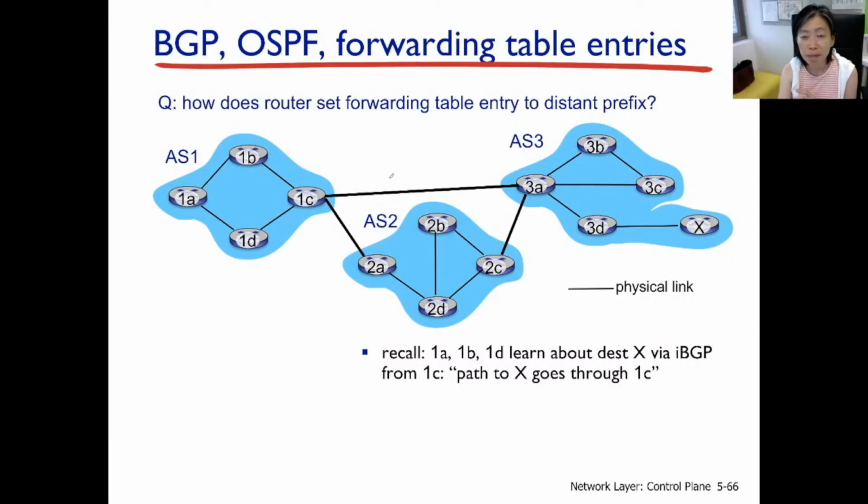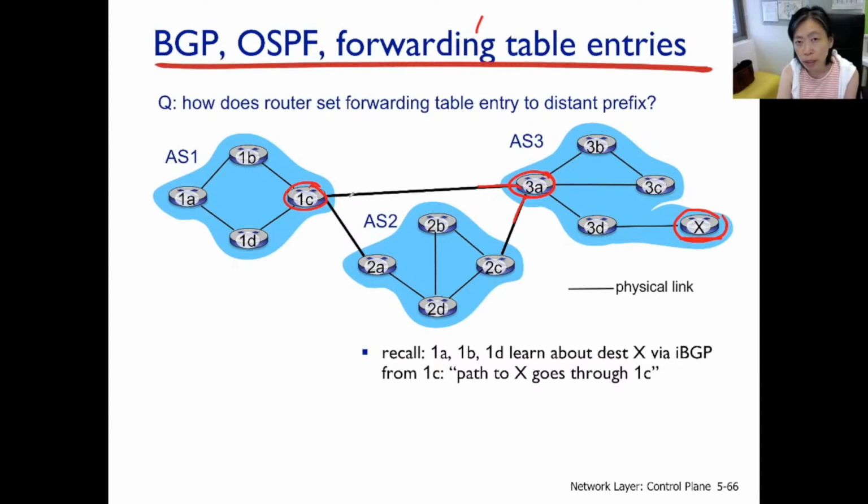Let me borrow example 2 here and continue. How does a router set up a forwarding table entry for a destination outside of the AS? The scenario is the same, with destination being X. 3A, the gateway router of AS3, has 2 eBGP connections, therefore 1C can potentially receive 2 AS paths.